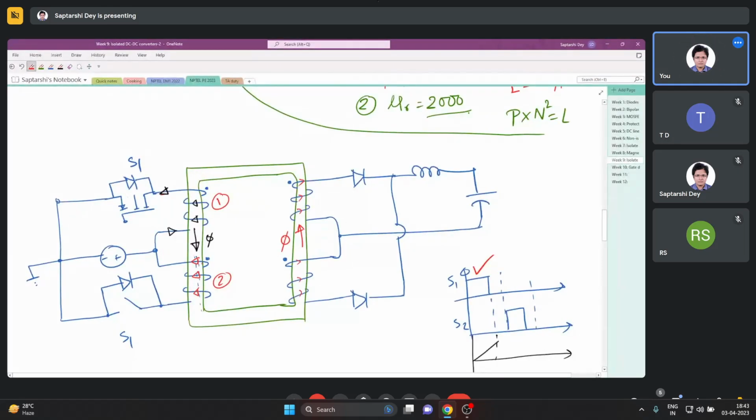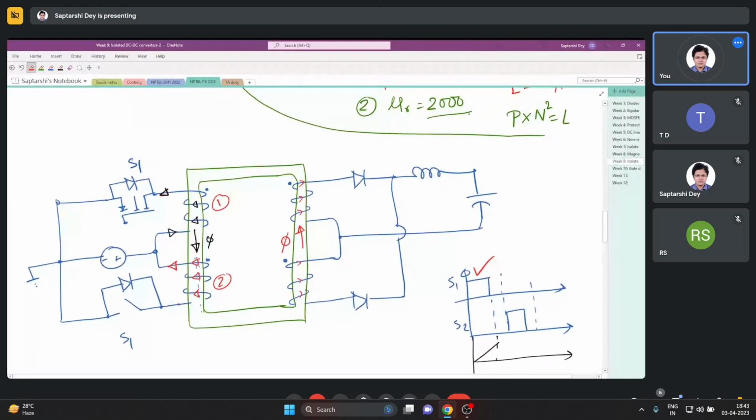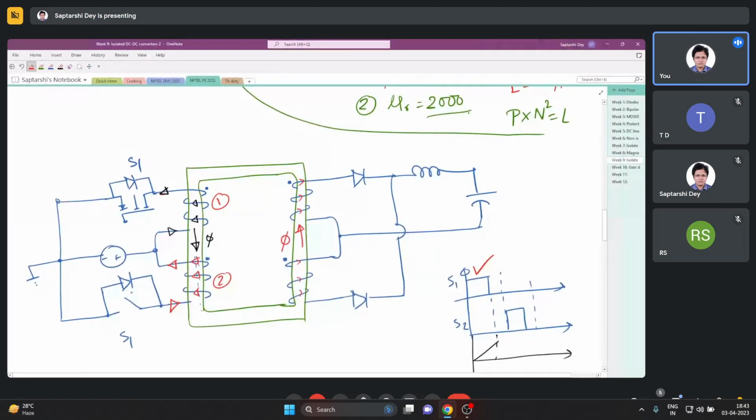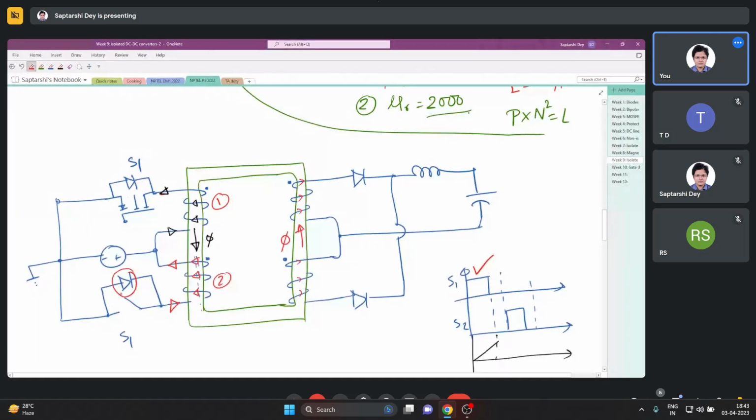Now what will happen is, if you see this portion, this current is like this. So basically the stored energy will get reset through this diode. If you do not have a diode here, then the switches will be damaged.